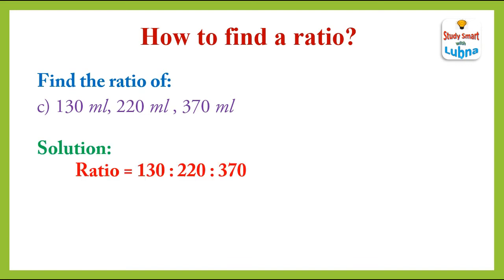We'll simply write all three quantities by putting the "is to" sign between them: 130 is to 220 is to 370. Again we can cancel the 0 in all three quantities. So the ratio of these three quantities is 13 is to 22 is to 37.